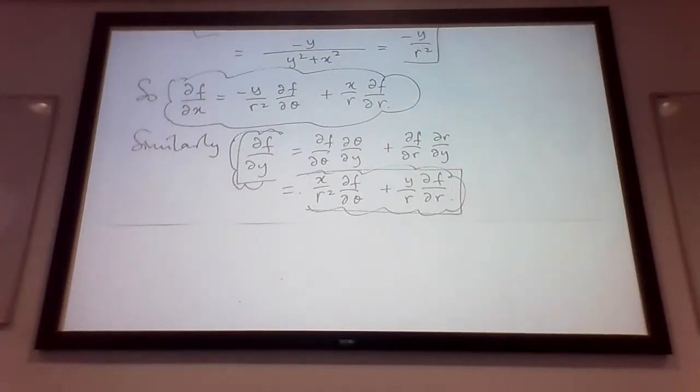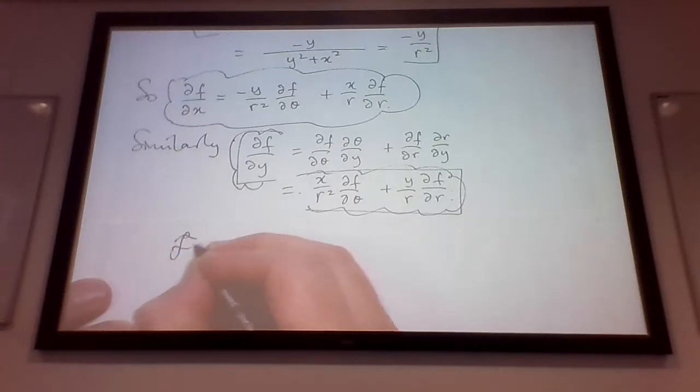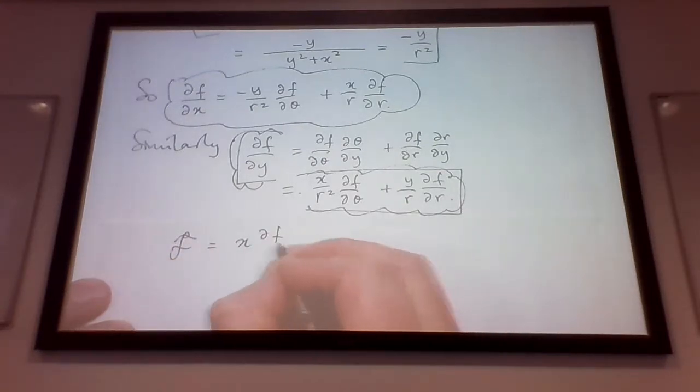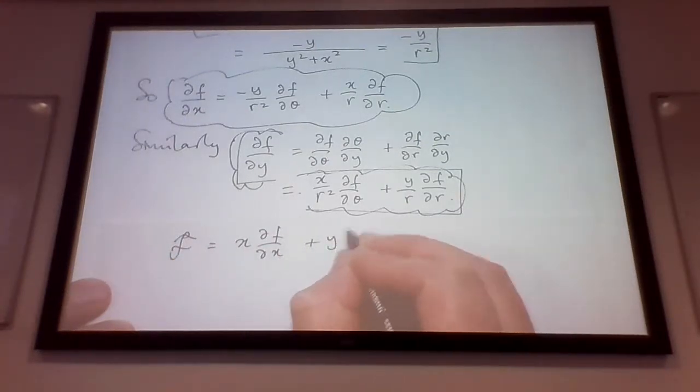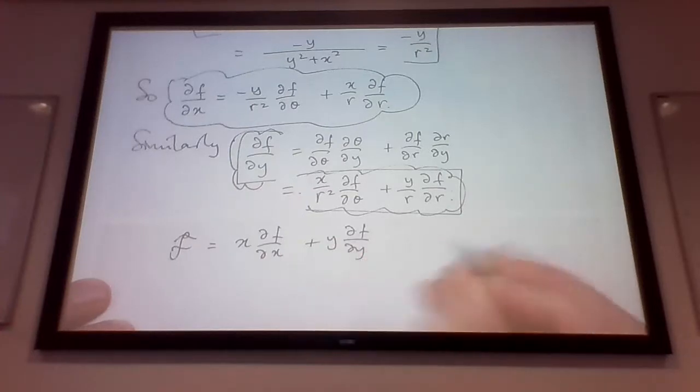So those are the ingredients for forming the new expression for curly f. Curly f was x df/dx plus y df/dy.